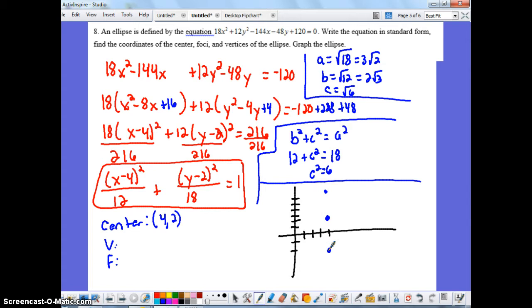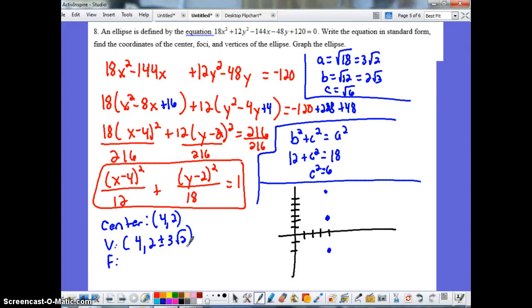Okay, so those are the actual vertices, so I'm going to write those in over here. Again, it's based off of the center. I'm going up and down, so it's going to match up with the Y. Normally I'll just find those points, but since they have radicals in them, they're 3 root 2, I'm going to make this 4 and then 2 plus or minus the 3 root 2.